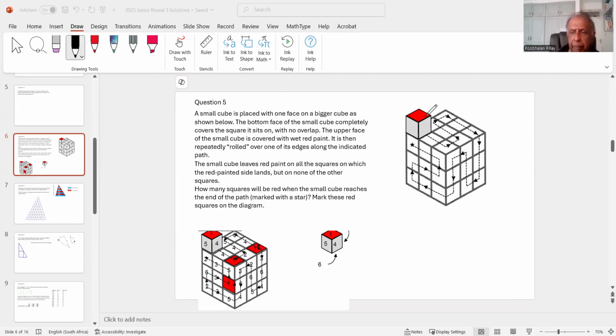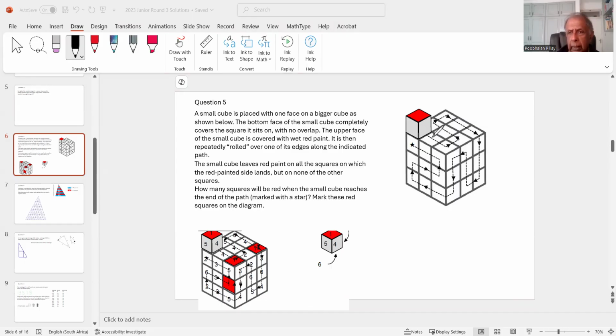It's painted red, wet paint. Now, what happens is that this single cube is rolled along the faces of the larger 3 by 3 by 3 cube.